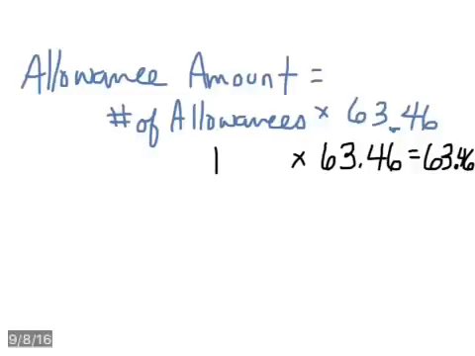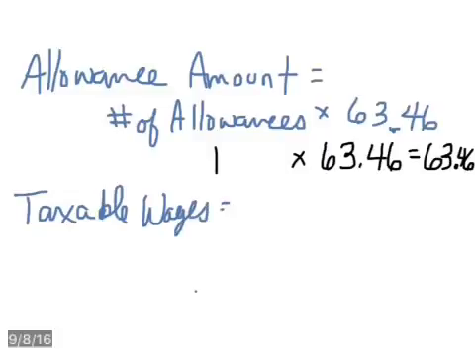Then, from here, to find the taxable wages, what you do is you take your gross pay and you minus out the allowance amount.